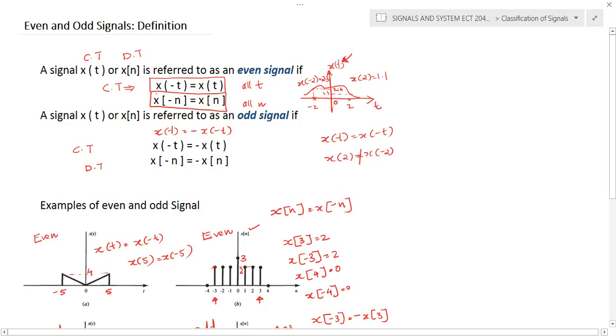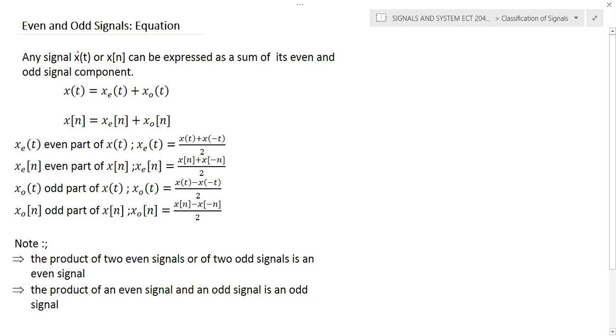If you observe this particular signal, it is not even and not odd, because x of 2 is 1.1 and x of minus 2 is 2.3. So there are signals which are neither even nor odd. But I can conclude one point: any signal x of t or x of n, in the case of a continuous time signal or discrete time signal, can be expressed as a sum of its even component and odd component.